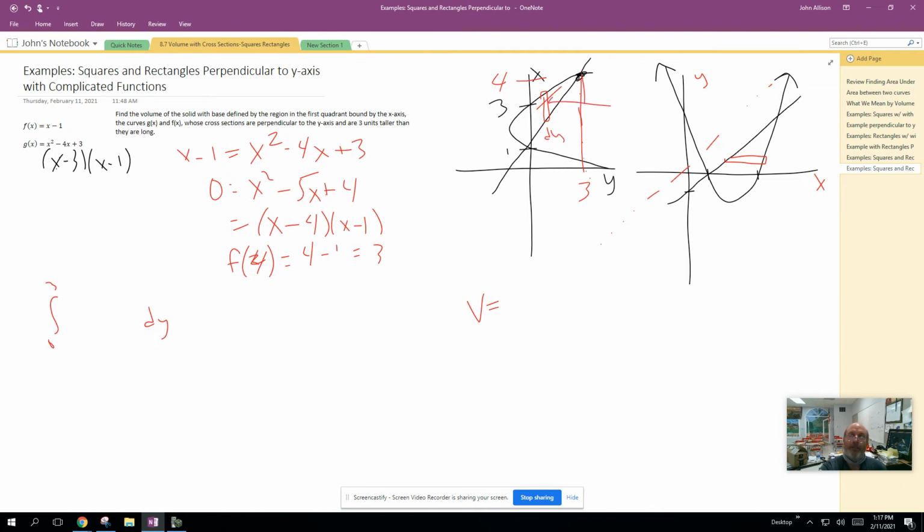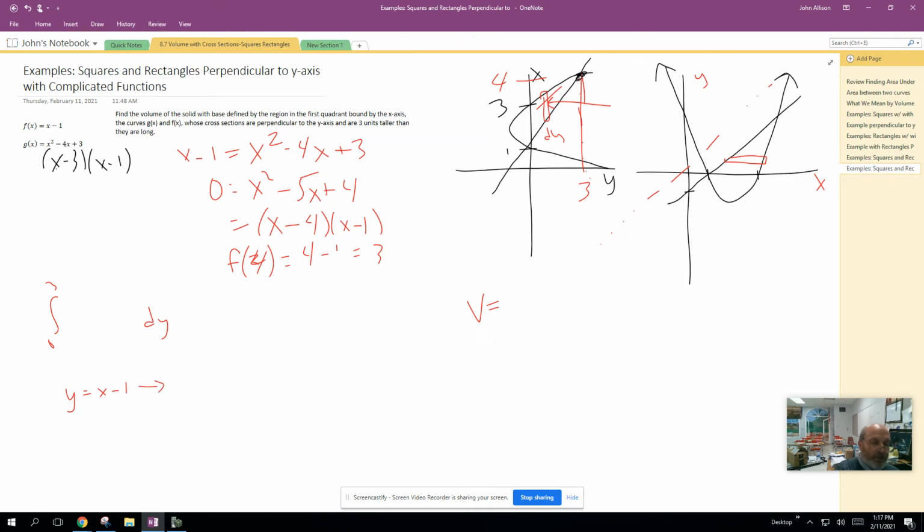The height or the length of the cross section is going to be, let's see here. We need to solve these for y, don't we? We do need to solve these for y before we can do this, because it's going to be the quadratic minus the linear. So we need to take f of x, which is y equals x minus 1. Solve that for x.